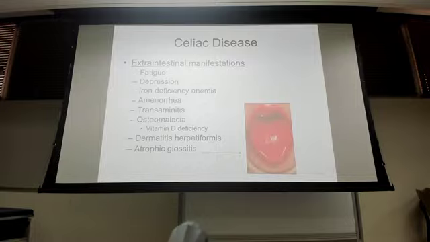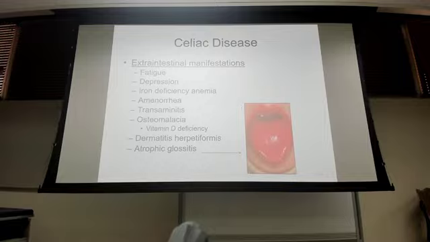If you've got the steatorrhea, a malabsorption, an iron deficiency anemia, and you're also seeing some fatigue and depression, as I mentioned, iron deficiency anemia in your females, amenorrhea. You could also see signs of vitamin D deficiency, so osteomalacia. And then dermatitis herpetiformis is a specific derm presentation from celiac that we're going to have a slide on, but you definitely need to know that.